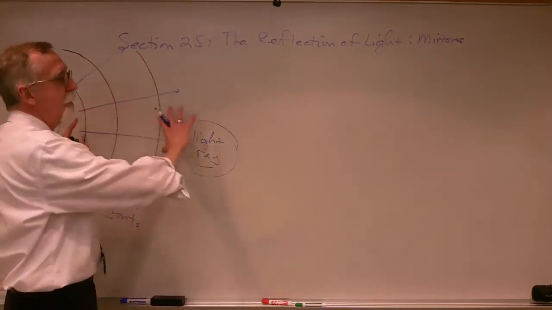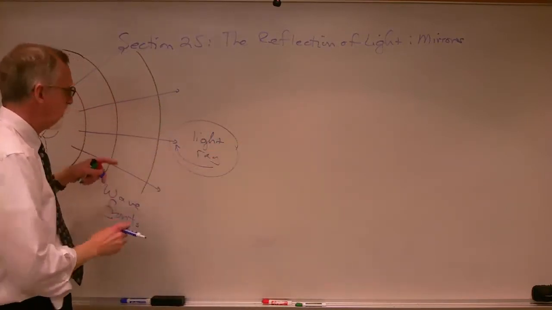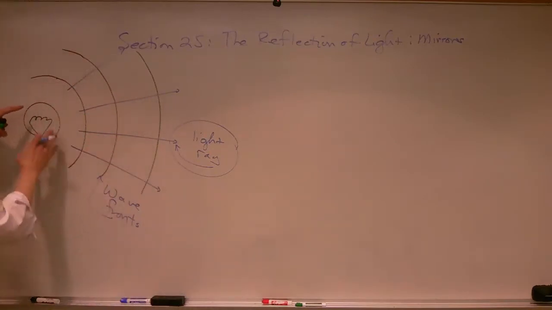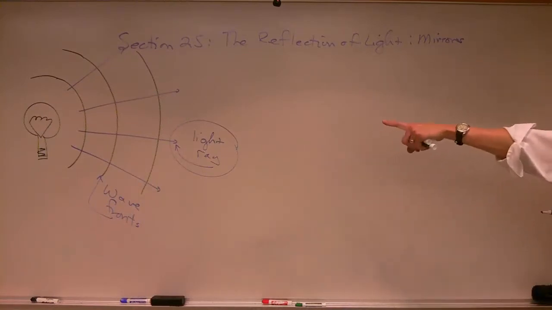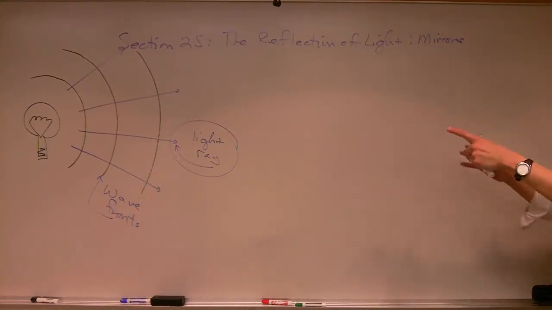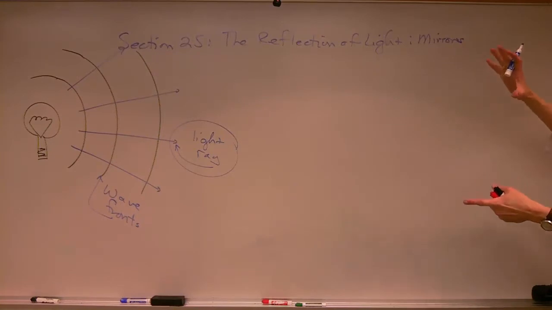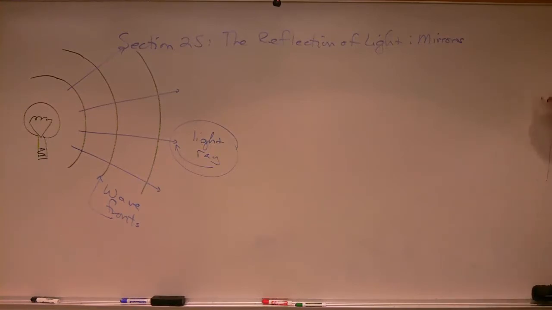Let's imagine we now look very, very far from our source. Here we can see these are all emanating from our source here. Let's imagine we come very, very far over here. Those circles, the wave fronts, are getting bigger and bigger and bigger. The radius of those circles are getting bigger and bigger. Way over here, they will look something almost like flat planes. Imagine if we got very, very far away. These circles are so big that we can barely even see the fact that they're curving anymore. So we end up with these almost flat wave fronts.